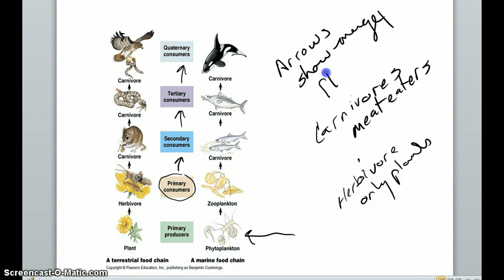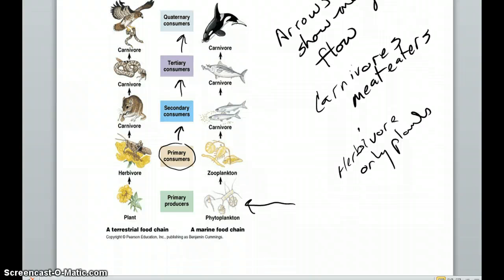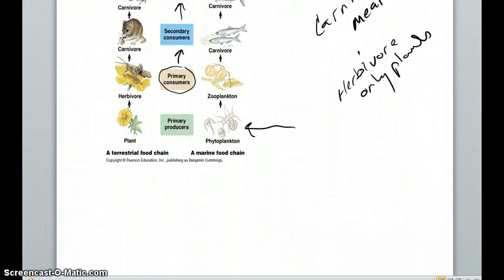So the direction of the arrow shows what is doing the eating. The grasshopper is eating the flower, the mouse is eating the grasshopper, the snake eats the mouse, the hawk eats the snake. So the flow of energy is upwards.